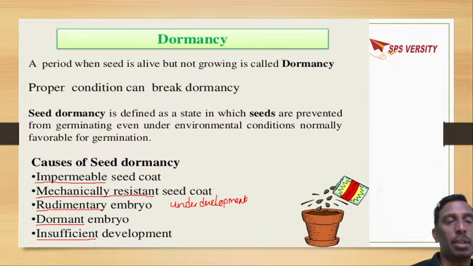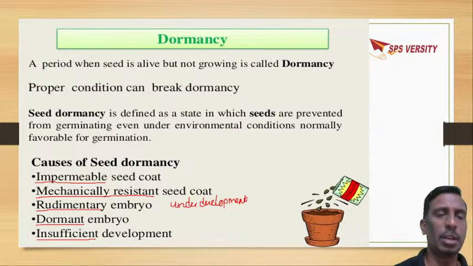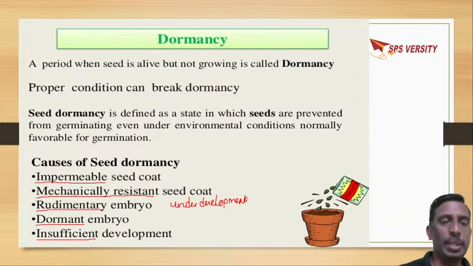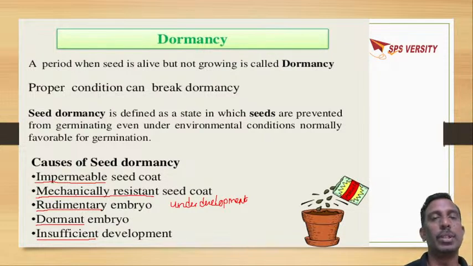Like, for example, in peanut seed, the dormancy is broken down by ethylene. There are some hormones, even abscisic acid. Due to presence of abscisic acid, also seed dormancy देख सकते. So seed dormancy is broken down by generally gibberellins hormones.